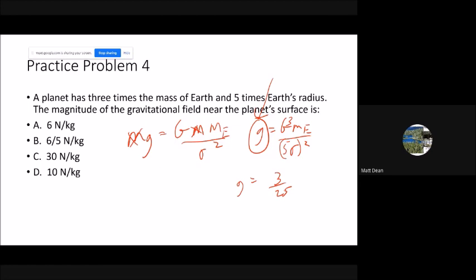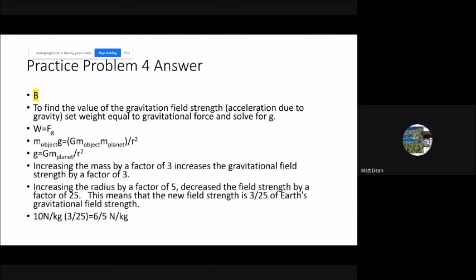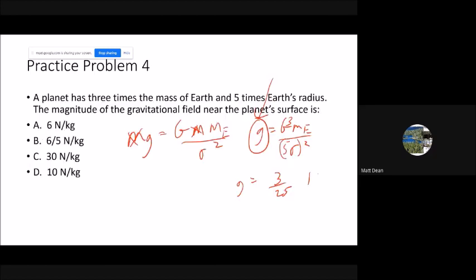Well, we know g for Earth is 10. So 3/25 of 10. Take 10, regular g, multiply it by 3/25. That would give us 30 over 25, which reduces down to 6 over 5.